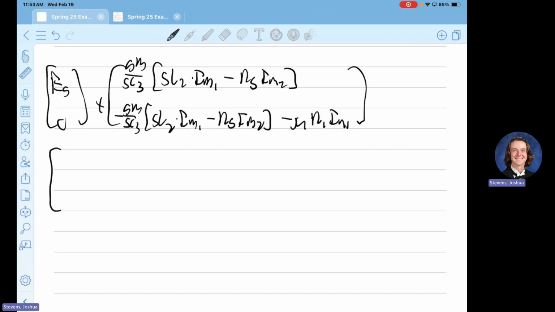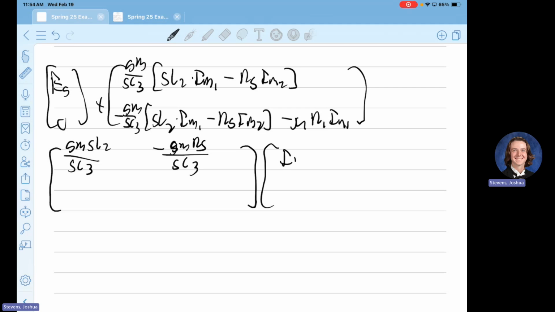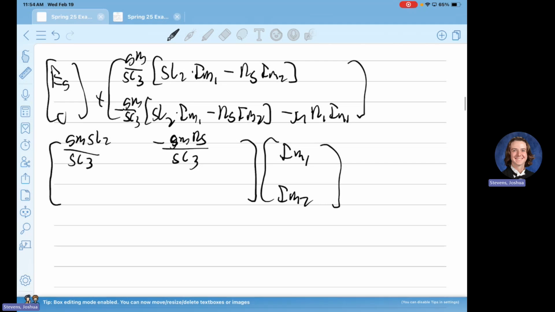That means we have GM SL2 over SC3 for the top left, and then a negative GM R5 over SC3. Y'all agree? Times that IM1, IM2. Y'all agree? Cool. All right, and the same thing here, just negative, almost.